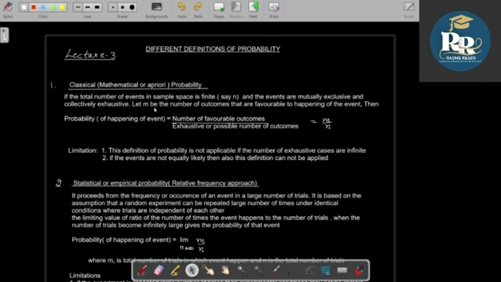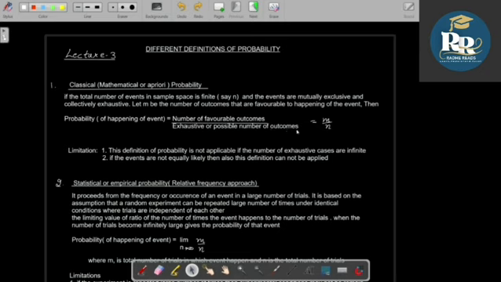If you have mutually exclusive and collectively exhaustive events, then the total number of trials is your small n, and the number of trials favorable to the occurrence of the particular event in which you are interested, right?